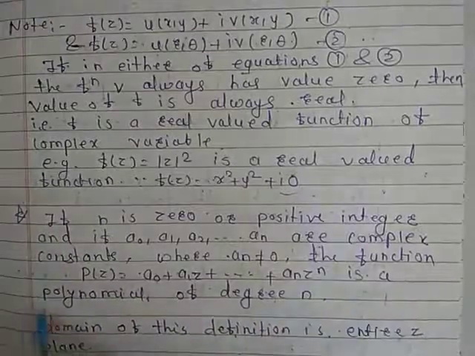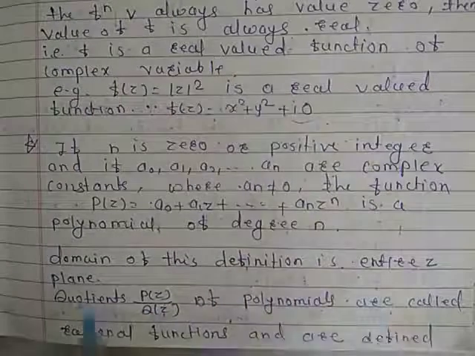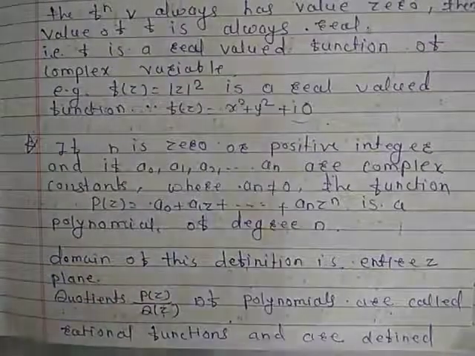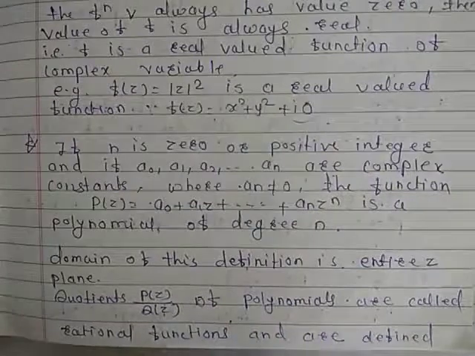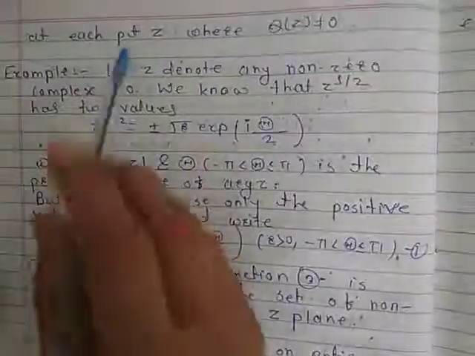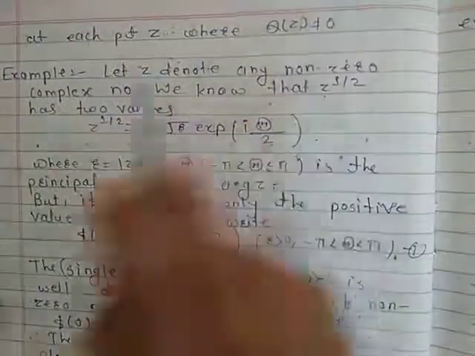Its domain of definition is the entire z plane. Quotients p of z upon q of z of polynomials are called rational functions and are defined at each point z where q of z is not equal to 0.